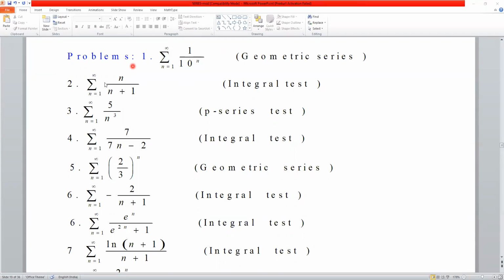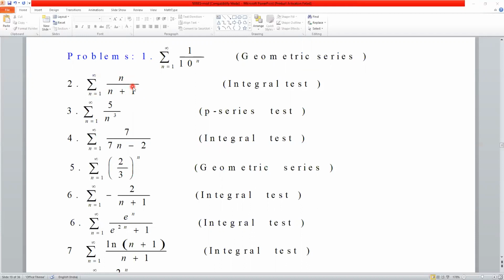Let us take a second example, summation of n is equal to 1 to infinity n by n plus 1. So here we can think of which method I should apply, whether the integral test, the p series test, or geometric series. Easily you can apply the integral test here, because the sequence is a decreasing sequence. We can observe that the denominator is bigger than the numerator.